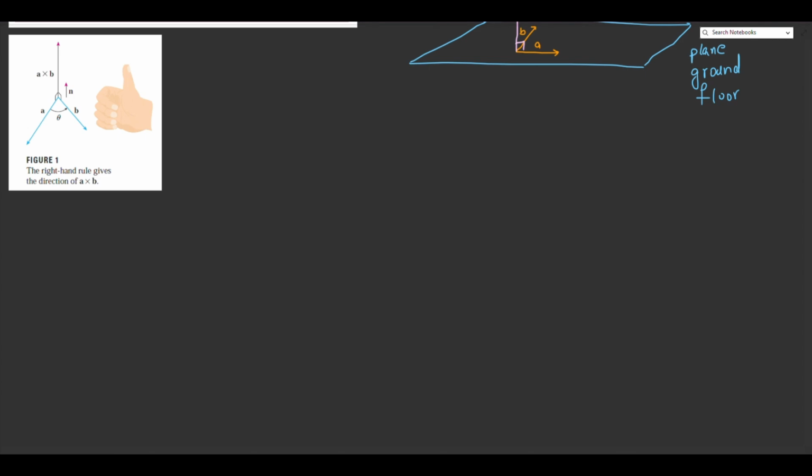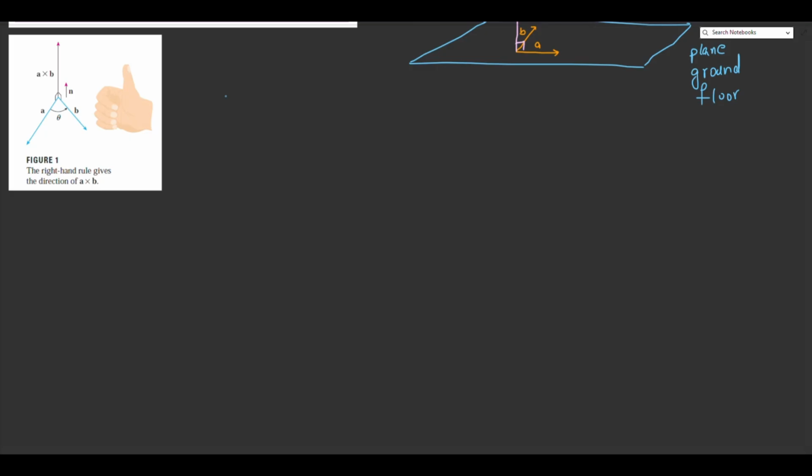Now there is a second definition of cross product. If you remember the definitions of dot product, there are two different definitions.